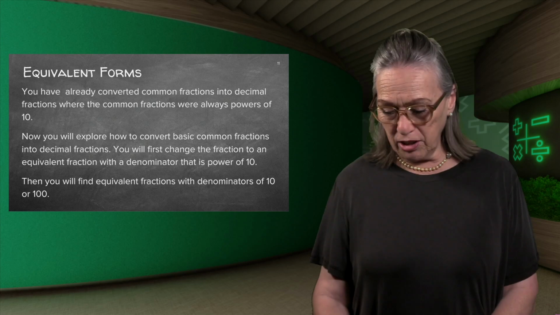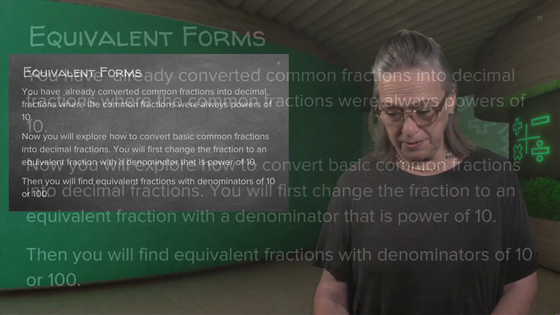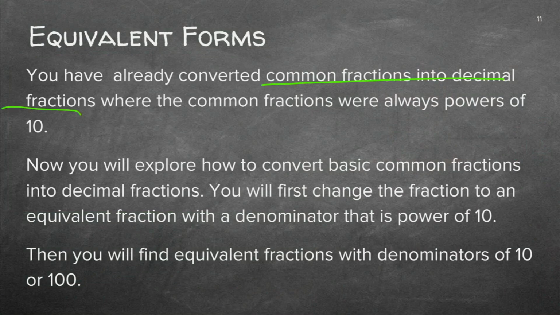So you have already converted common fractions into decimal fractions, where the common fractions were always powers of 10. That is important with decimal fractions, right? Now you will explore how to convert basic common fractions into decimal fractions. And how do we do this?